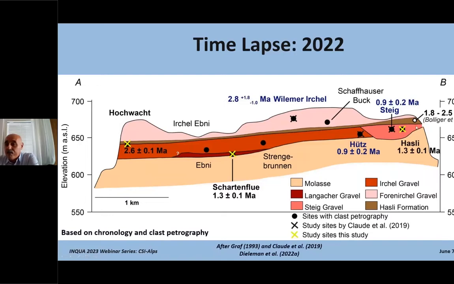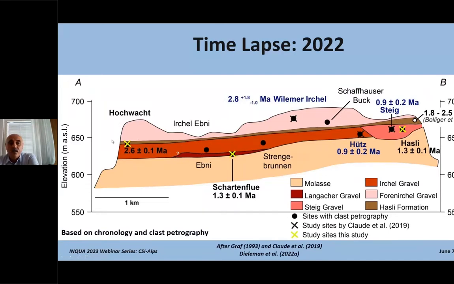But then we went down to this location and dated again, and we ended up with 1.3 million years, and all these ages are overlapping within 2 sigma uncertainties. And then we also went to the very first gravels that were deposited on the bedrock at Irchel, and we also got an age of 1.3 million years.